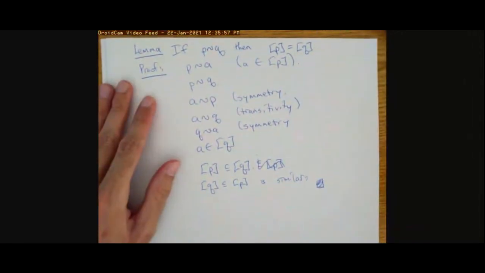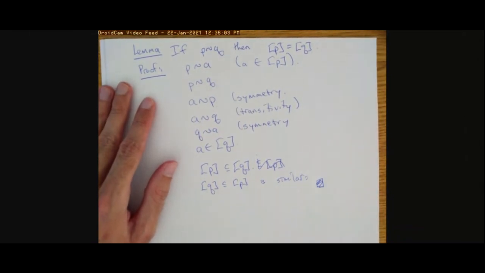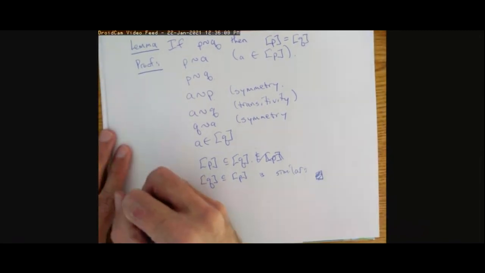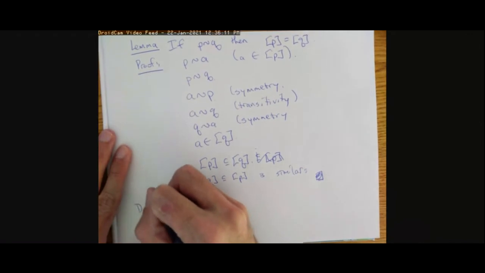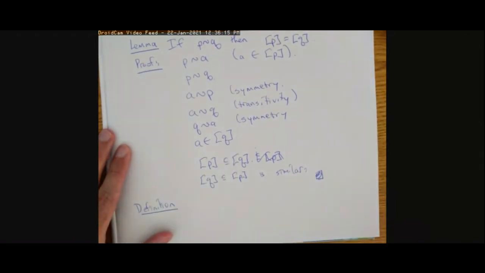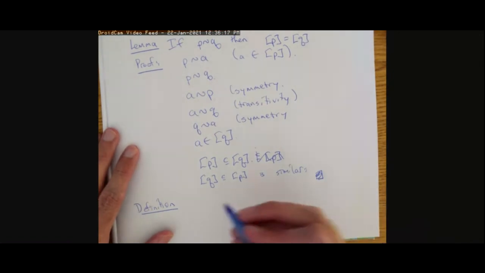Okay, so you can start with an equivalence relation and get a partition. You can also start with a partition and get an equivalence relation. So we can just define that.